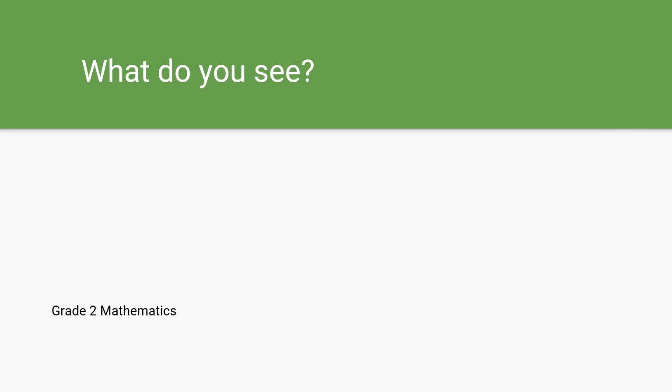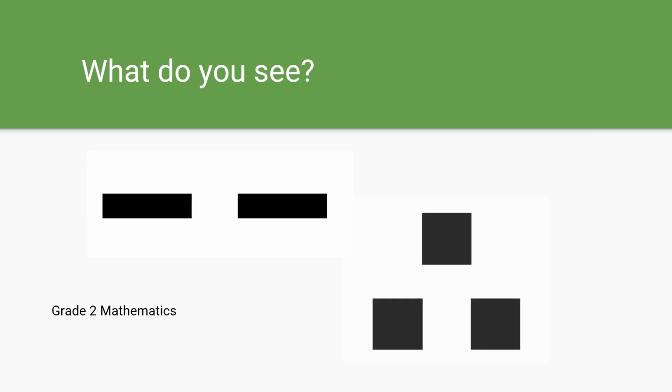I'm going to show you some shapes, and your job is to say the name of the shapes that you see. So, what do you see? I see two rectangles. Here's another one. Tell me, what shapes do you see?